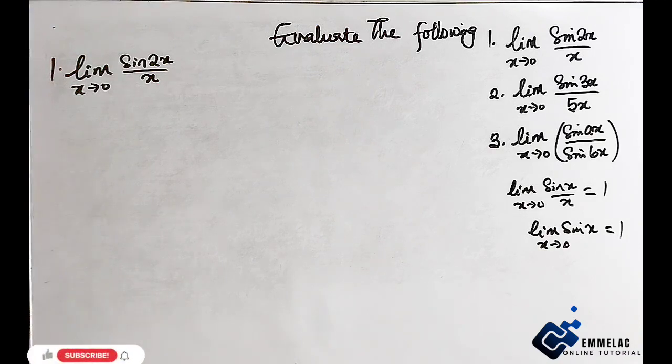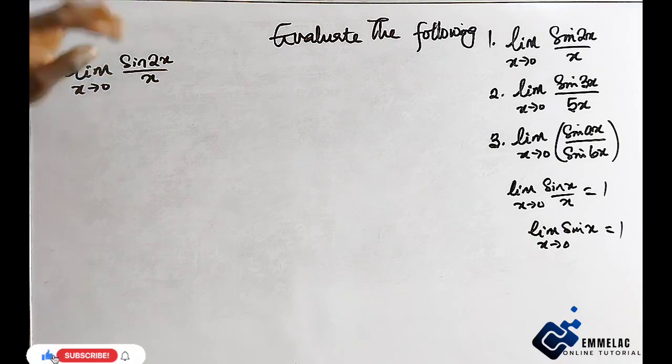In this case, what we just need to do is multiply both the numerator and the denominator by 2.